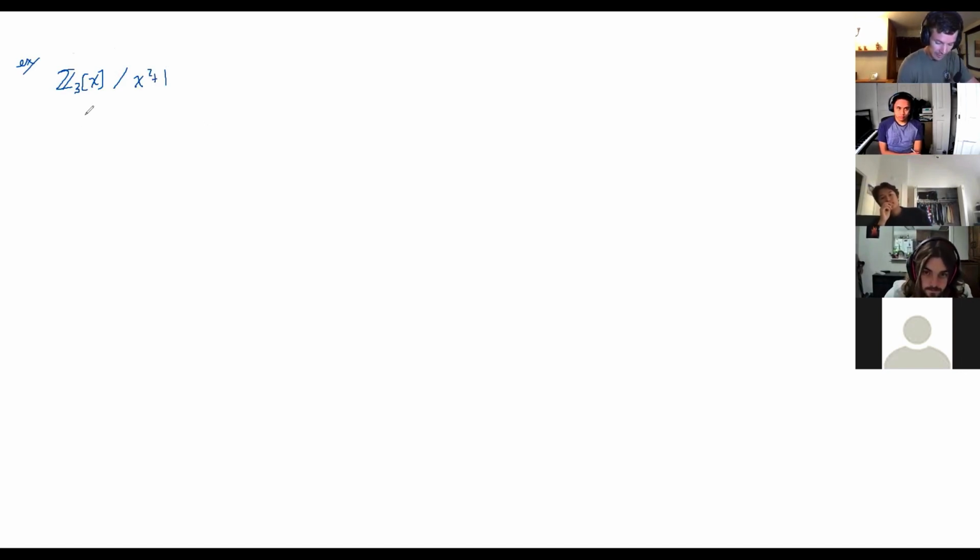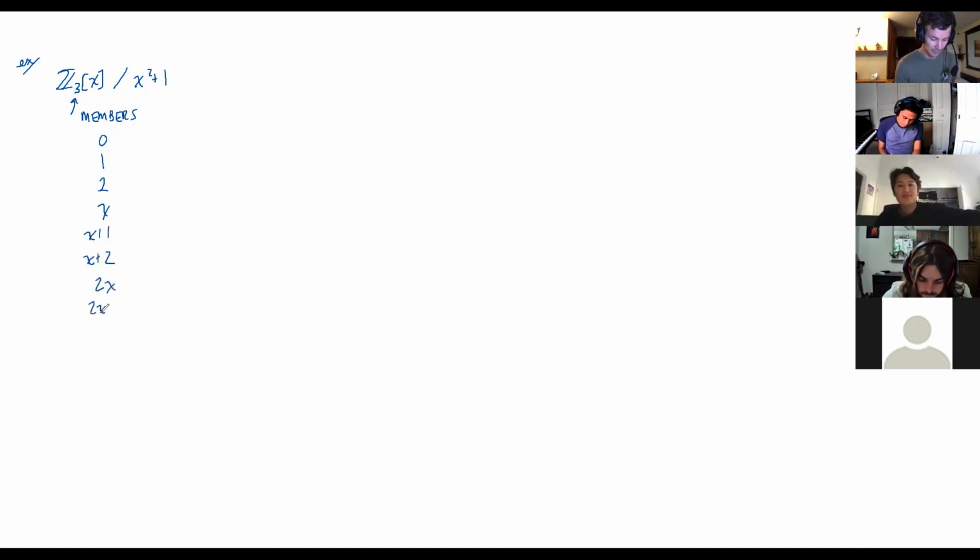Okay, so let's work out the members of this set. 0, 1, 2, because we're doing the integers mod 3 here. And then x, x plus 1, x plus 2. And then 2x, 2x plus 1, and 2x plus 2. Anything beyond here, and we get an x squared, which is equivalent to negative 1, sorry, which is equivalent to 2 in this space.